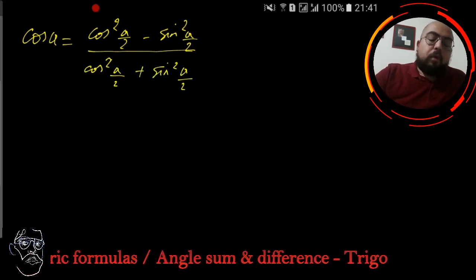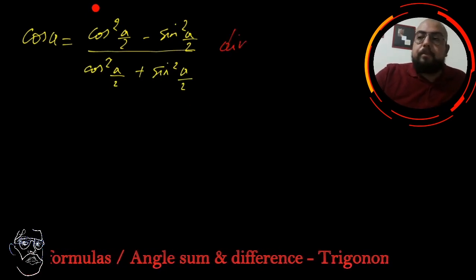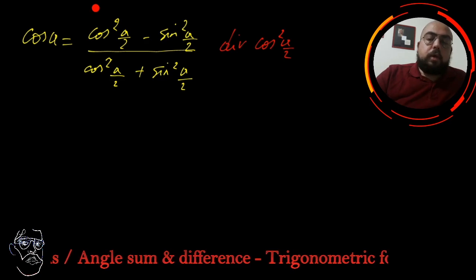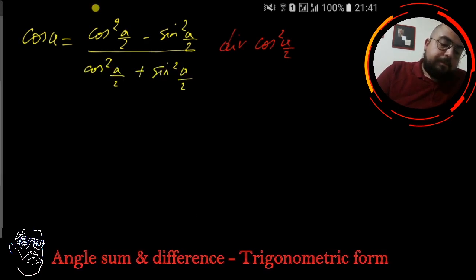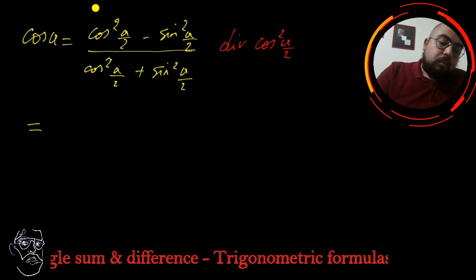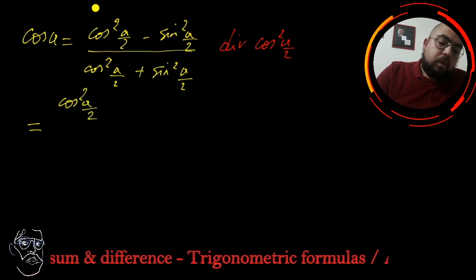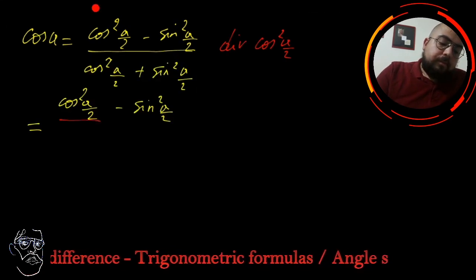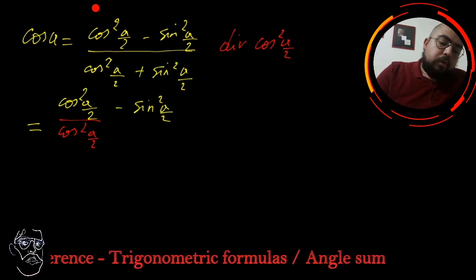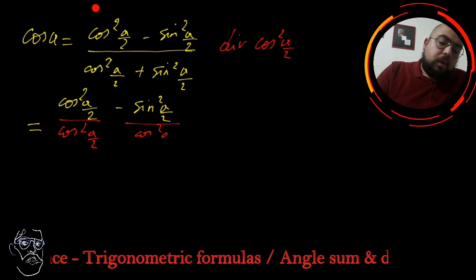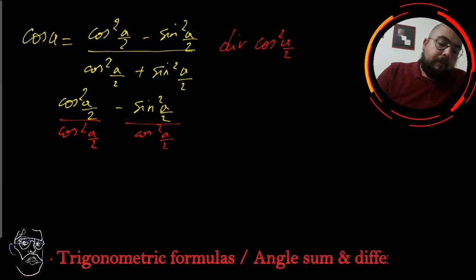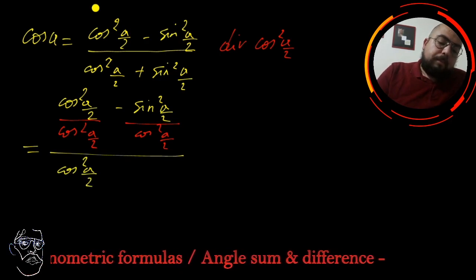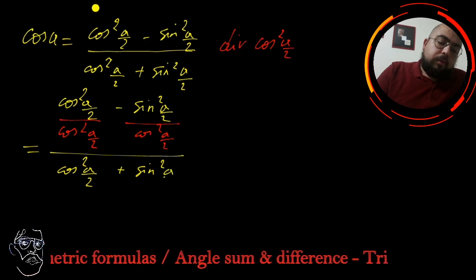One more time, I will divide the numerator by cosine squared a over 2, the denominator also by cosine squared a over 2.